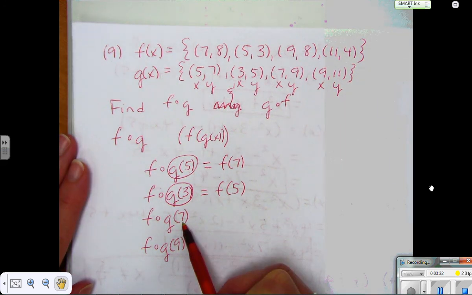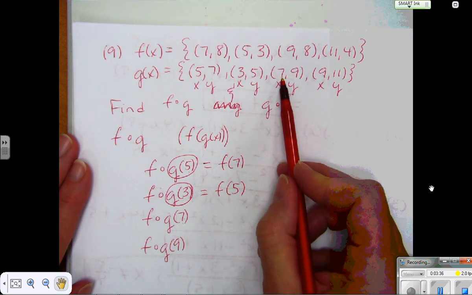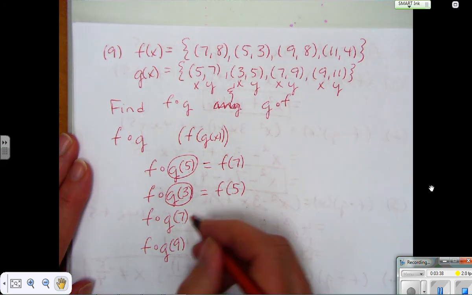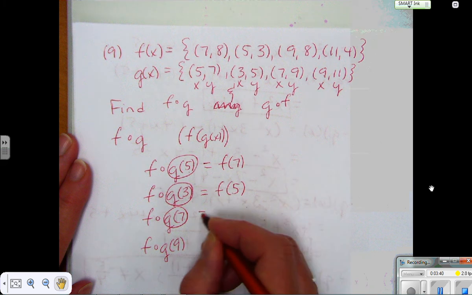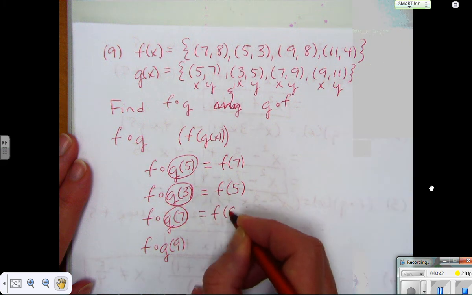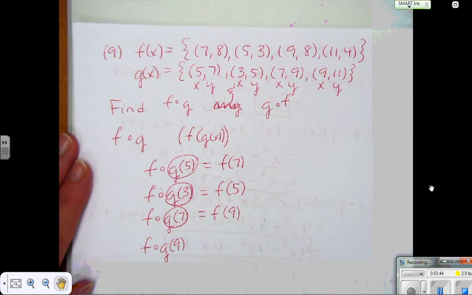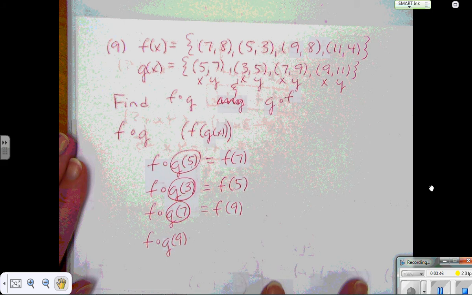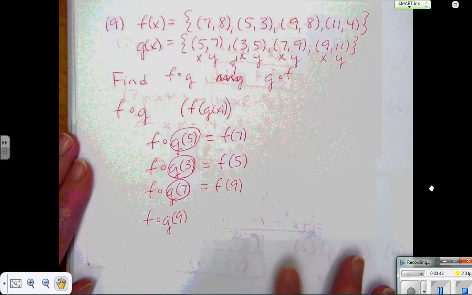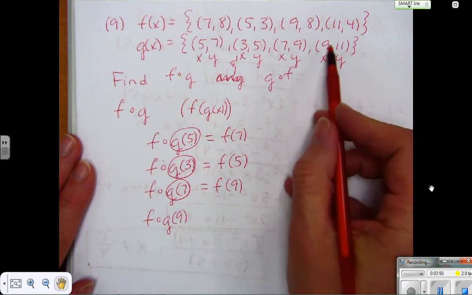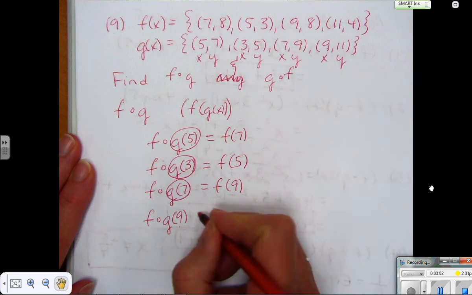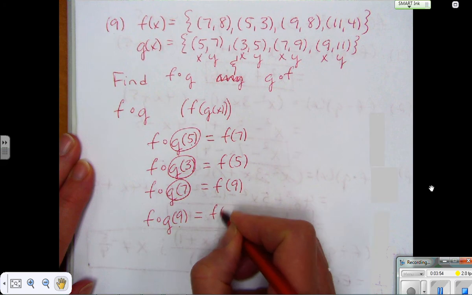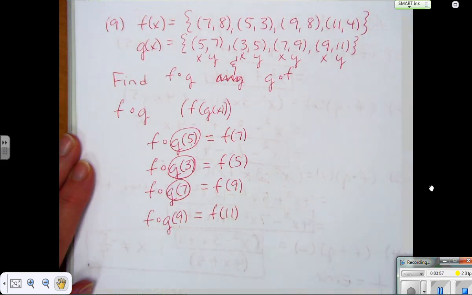When your g function has an x value of 7, y is 9. So instead of g of 7, I'm replacing that with a 9, because that is the answer when the x value is 7. And then the last one, g of 9, the value is 11. So f of 11. I'm replacing that g of 9 with an 11.